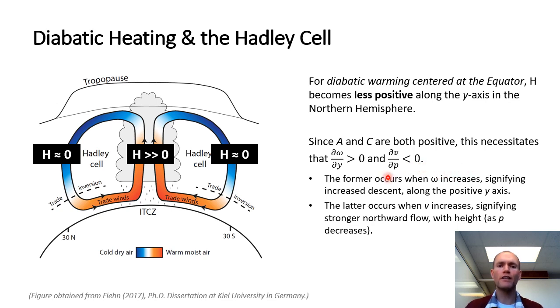So these are both consistent with the schematics that we have drawn here, where the flow is from north to south in the northern hemisphere near the surface, south to north in the northern hemisphere near the tropopause, ascending motion near the equator, and descending motion in the subtropics. And you could make the same arguments for the southern hemisphere, but it'll be just a little bit different in terms of the outcome. But you still get that same general circulation structure that we are seeing here.